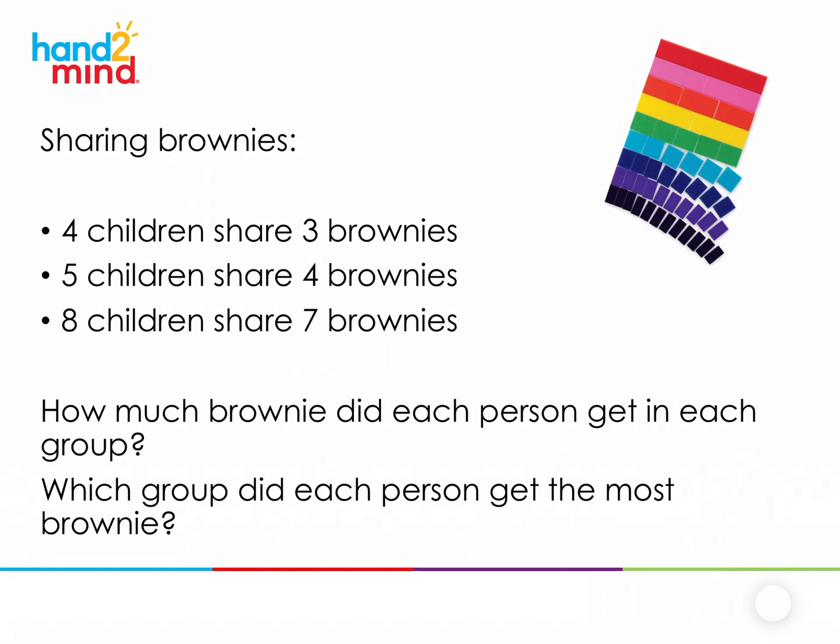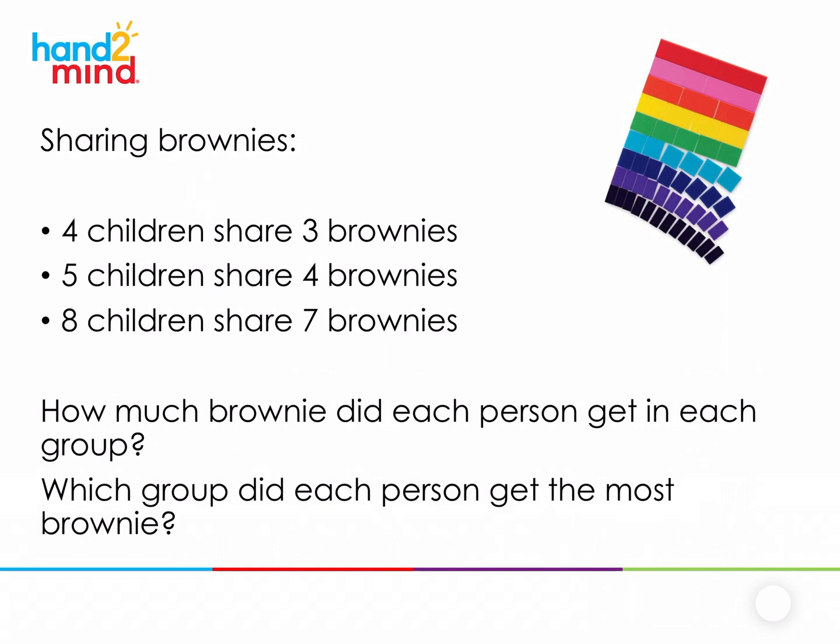And let me tell you, they were not happy with me. They did not think the way I gave them the brownies was fair. And so I needed to figure out, did I do something wrong? For 4 children, I gave 3, for 5, I gave 4, and for 8, I gave 7. I thought I did it pretty fairly, but they said I didn't.